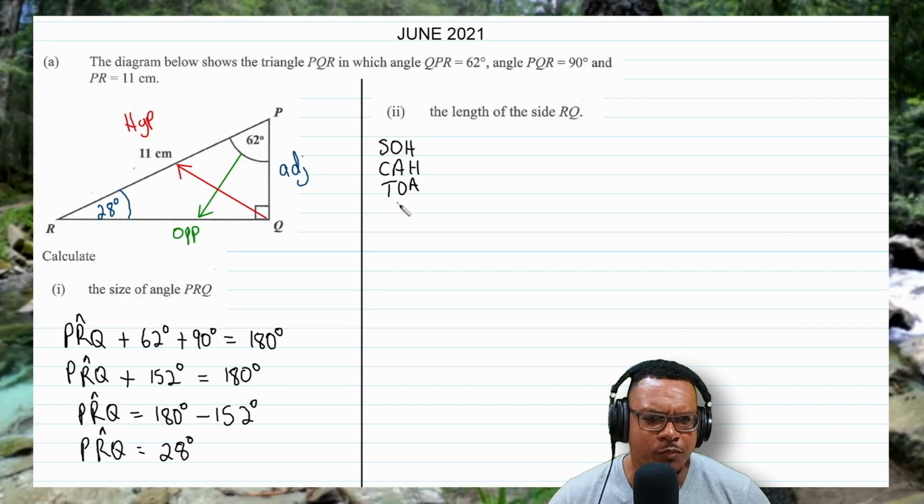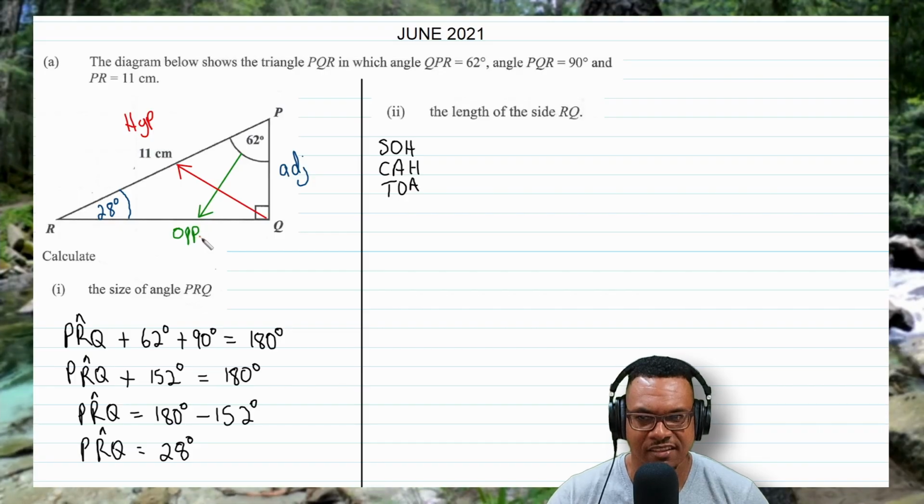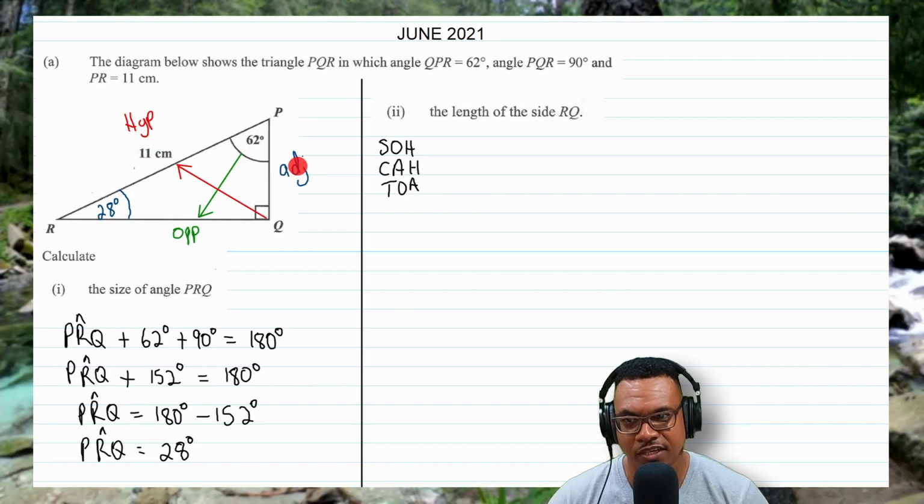Now, when we're using the trig ratios, we have three variables, the angle and the two sides. In an equation, you can only have one unknown. Seeing that we already know the angle that we're using, which is the 62 degrees, and the unknown will be the opposite side, then the next side that I choose, I must know the length of it. So do I know the adjacent?